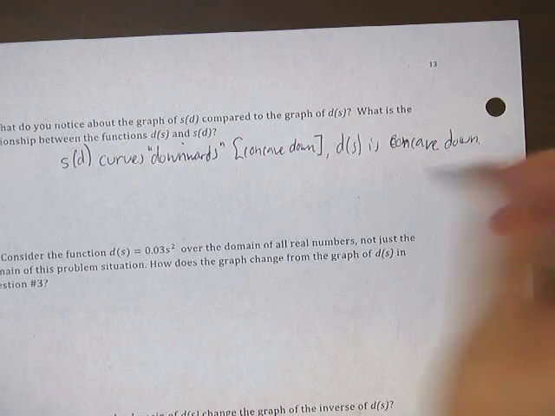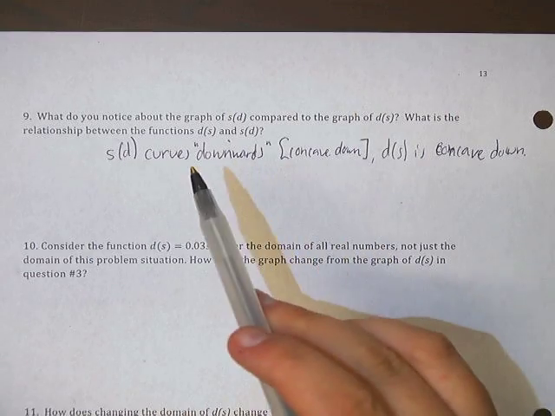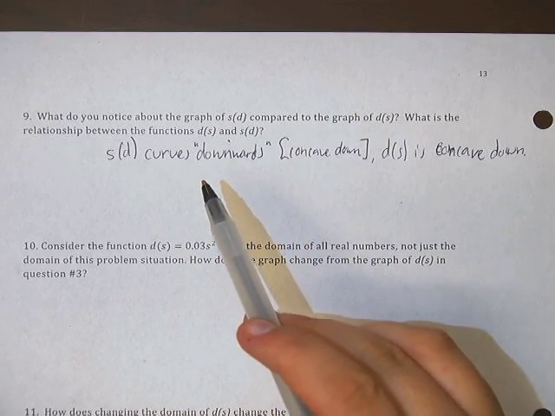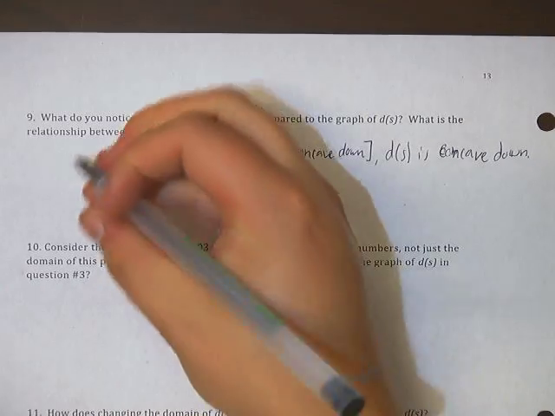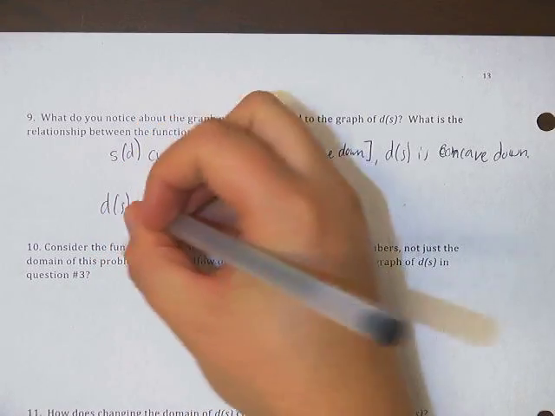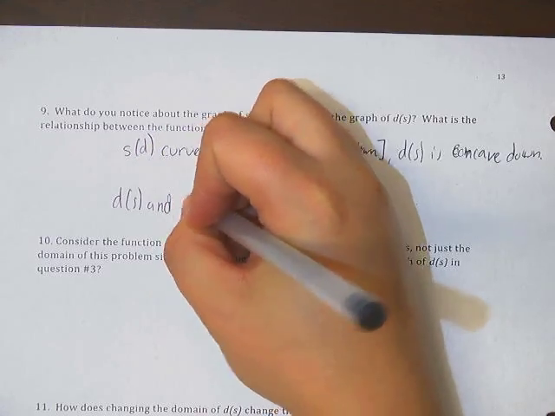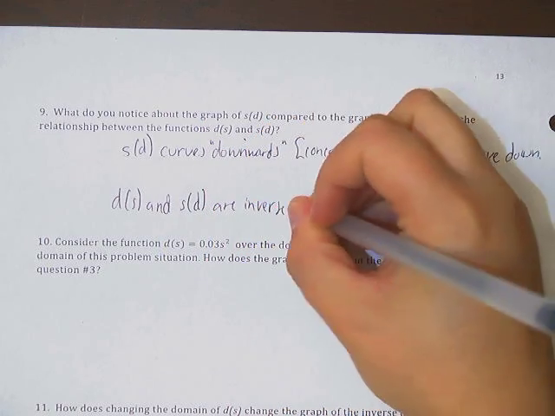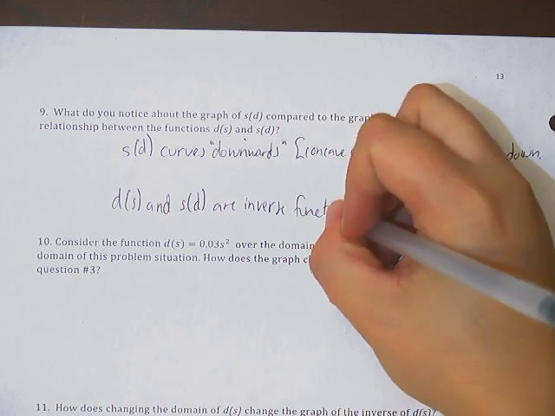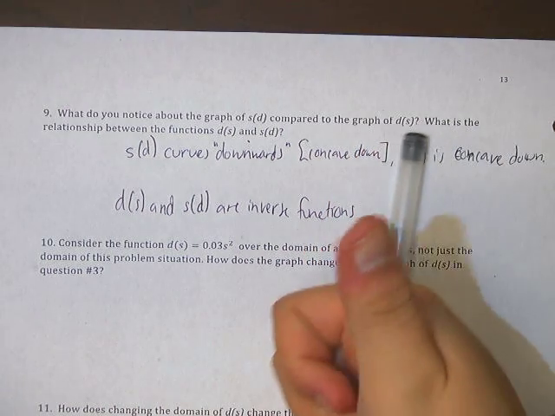That's kind of the fancy math term for it. And DS is concave up. That's kind of what I was getting at with the shape. Does the bowl go like this, or does it go more like that? That's really what we're going for.